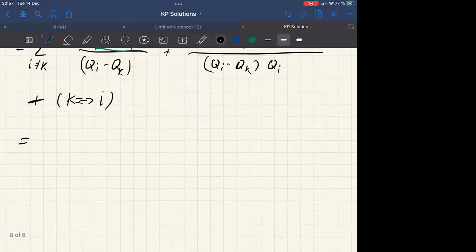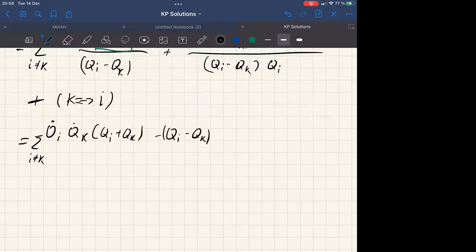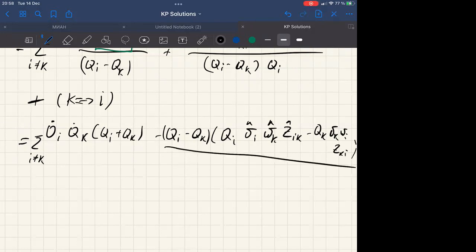So the final answer will be the sum over e not equal to k of q dot y, q dot k, y plus k minus y minus k, and so on. This is the final expression.